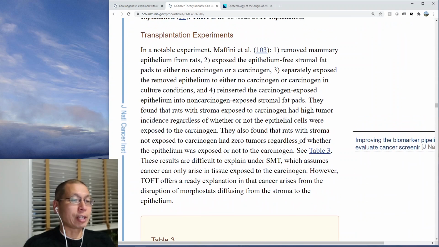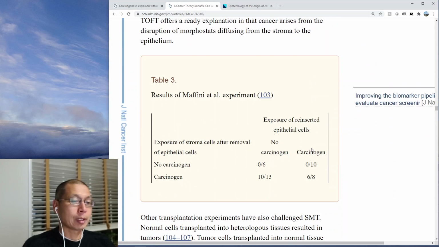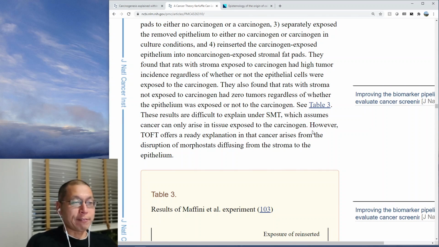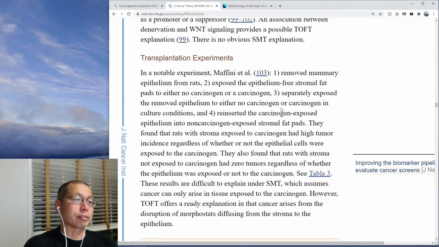And then this is a very interesting experiment where basically they took fat from the mammary glands of rats, and what they did is they exposed the fat pad to a carcinogen. Okay, look, let's read this carefully.